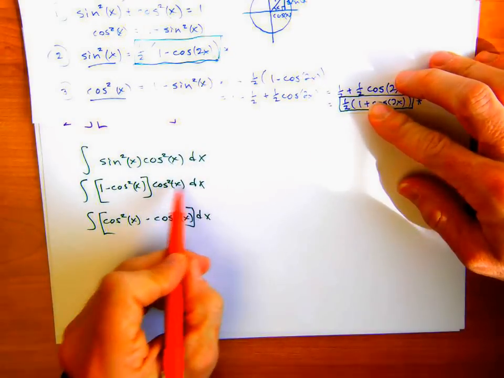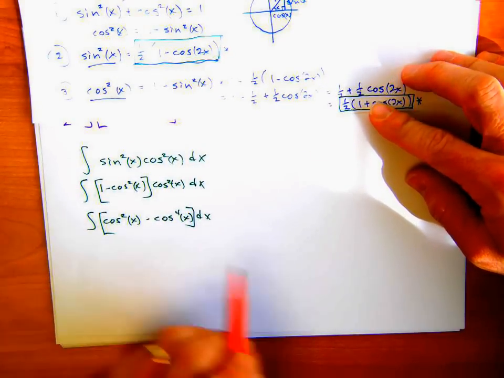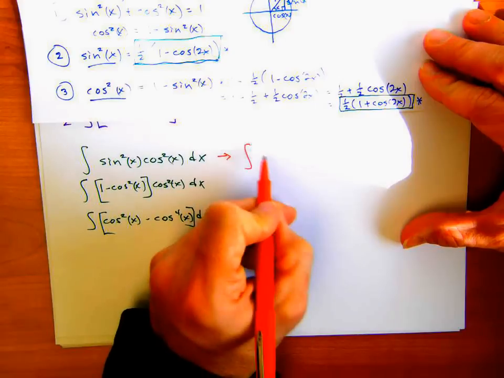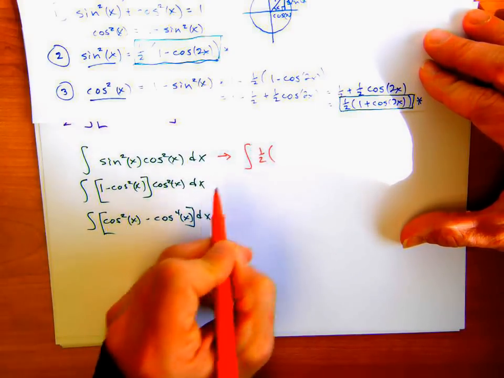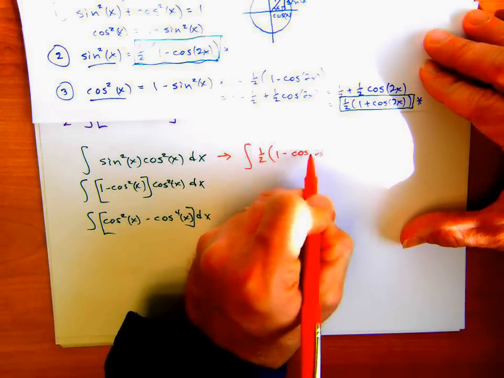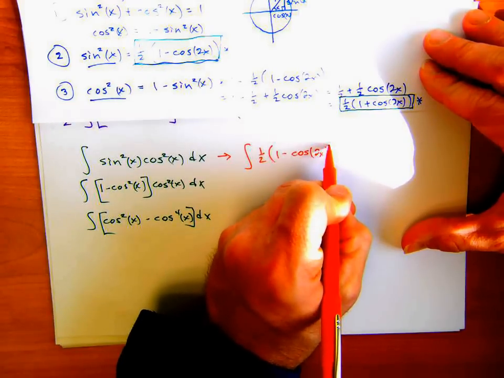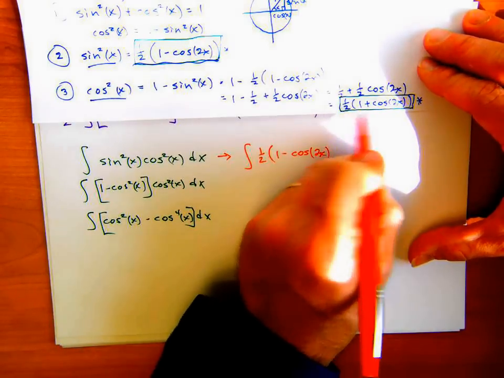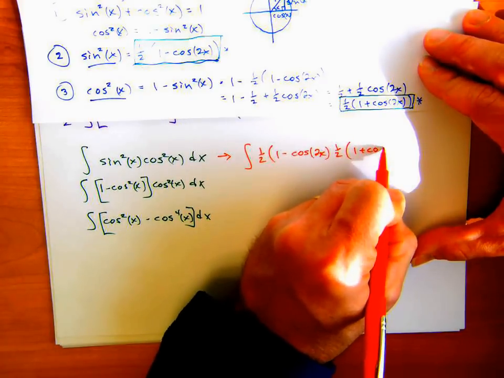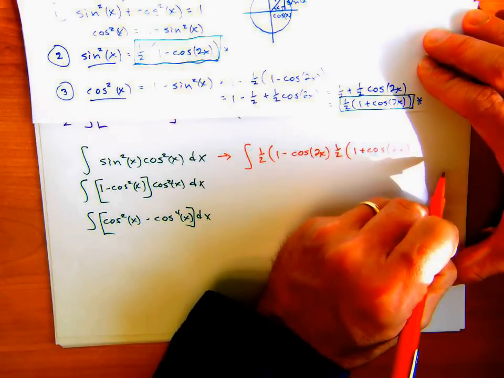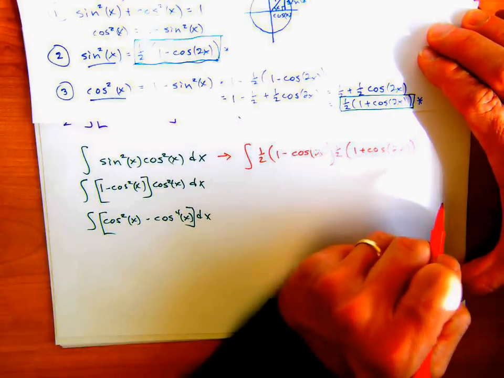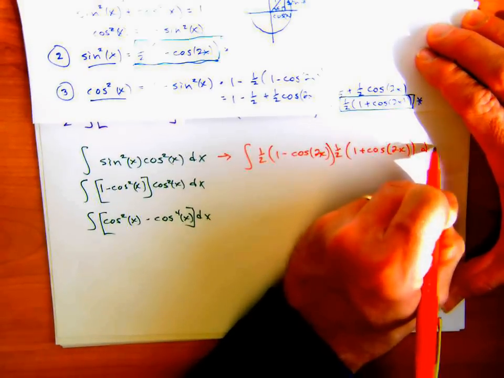So we're going to maybe come back to this, but let's go over this way, and instead we'll put in, so we'd have 1/2, so for sine squared, 1 minus cosine of 2x, and then over here we've got another 1/2, 1 plus cosine of 2x. All right, yeah, I guess there's another parentheses there, and then that's our new integral.